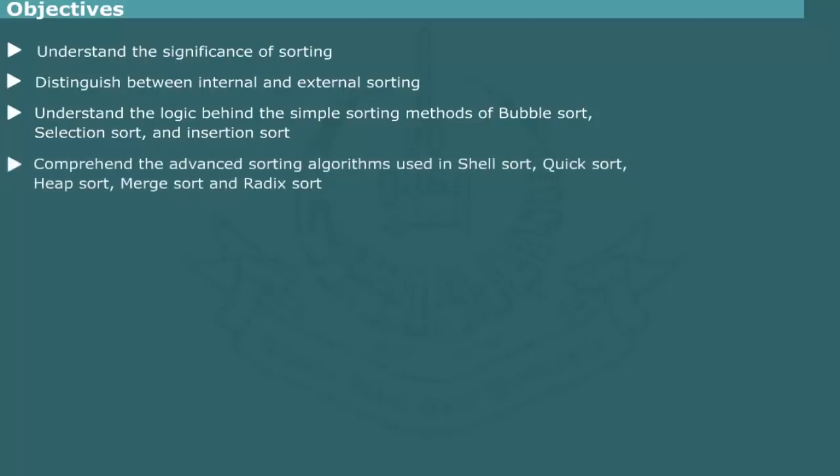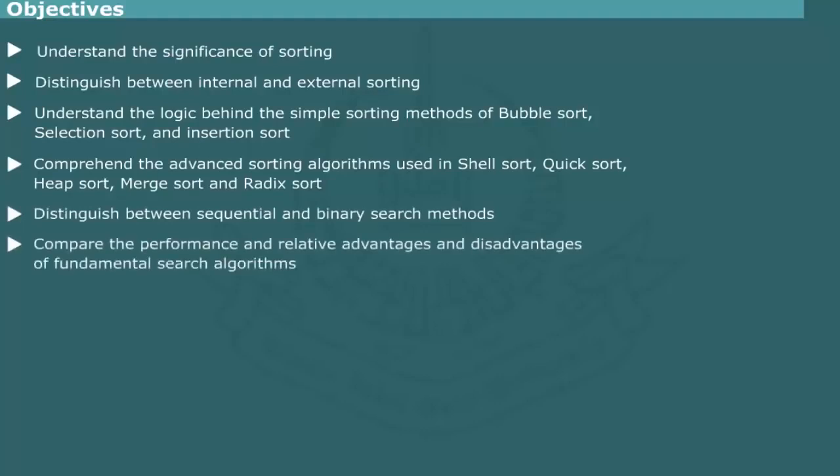Comprehend the advanced sorting algorithms used in shell sort, quick sort, heap sort, merge sort, and radix sort. Distinguish between sequential and binary search methods. Compare the performance and relative advantages and disadvantages of fundamental search operations.